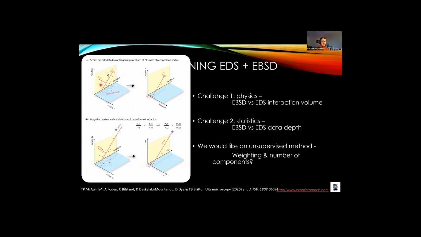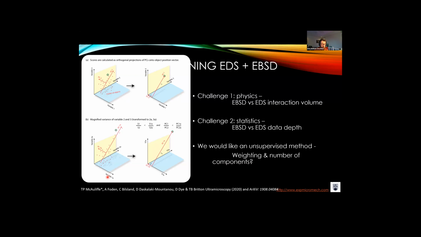All we're trying to do is find unique clusters and then describe that cluster by the centroid of the cluster. So if I increase the EDS signal, I'll get a strong separation based upon the EDS characteristic X-rays. If I reduce the EDS signal, my characteristic separation is going to be more described by the EBSD patterns.